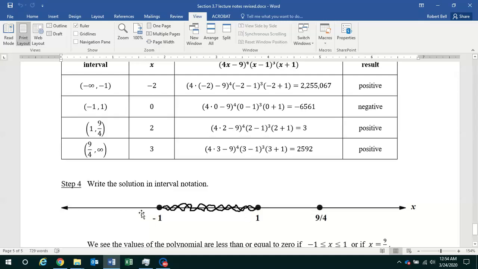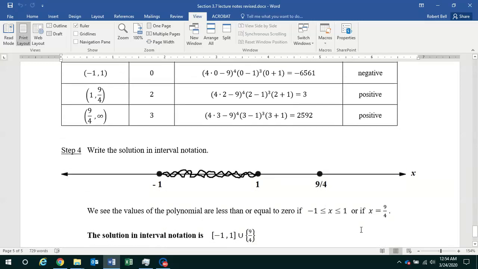And then the other three intervals are not included in our solution set, but we have one value of x all by itself out here, x equals 9/4, that is in our solution set, because x equals 9/4 makes the left-hand side of our inequality equal to 0. And we want all the values of x that make the left-hand side of the inequality equal to 0 or less than 0. So 9/4 is in our solution set.